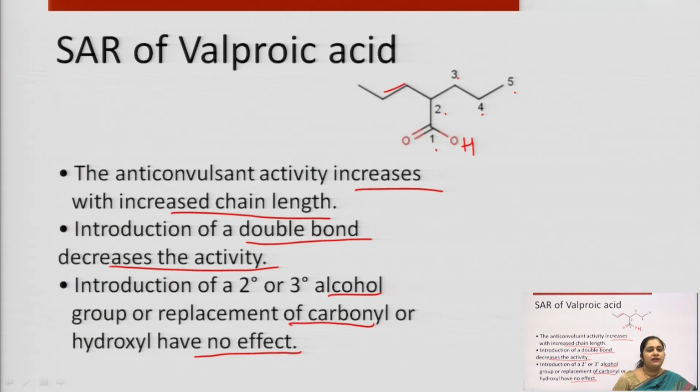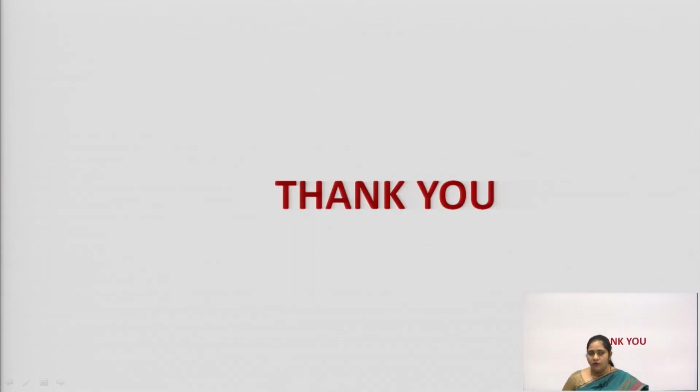But if we incorporate a double bond in valproic acid, that will decrease the activity, while introduction of any alcoholic group or any change in a carbonyl group or hydroxyl group will have no effect. So this is all about the structure activity relationship of valproic acid.